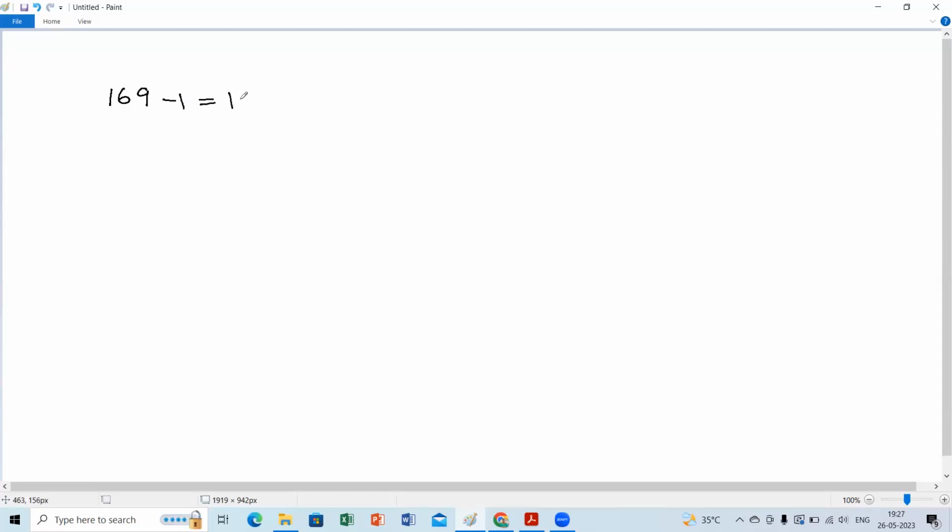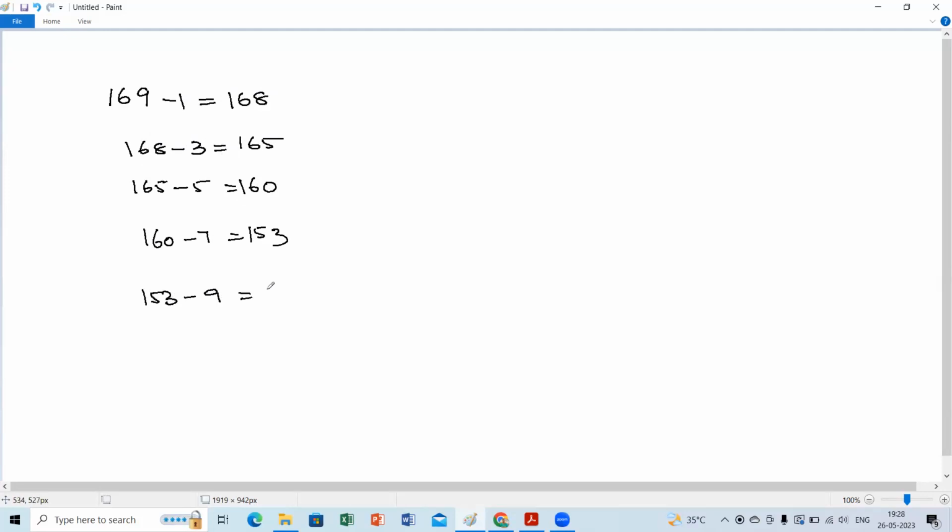First go with 1: 168. 168 minus 3 is 165. 165 minus 5 is 160. 160 minus 7 is 153. 153 minus 9 is 144. 144 minus 11 is 133. 133 minus 13 is 120.